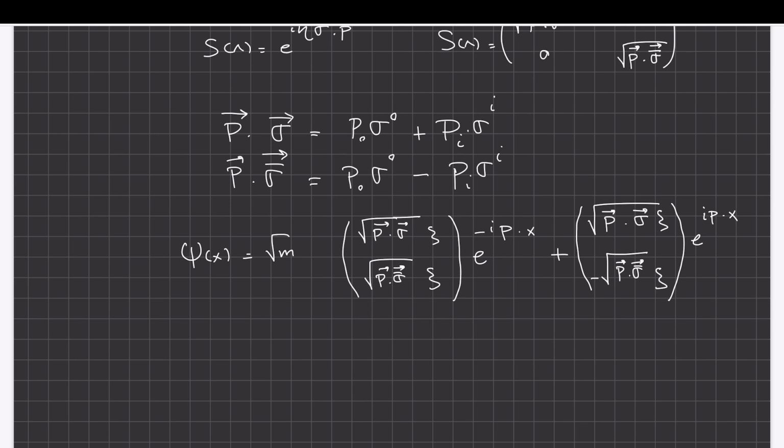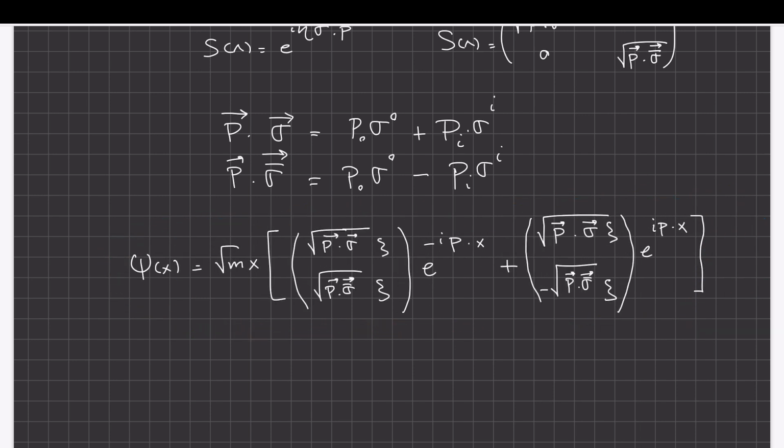So we have this also factor of square root of m beside all of them. So in general, that's the answer. The linear combination of these two terms are the answer for psi of x. Let me just cut it out and bring it right here. And for convenient reason, we know psi is a 2 by 1, let's say, vector.